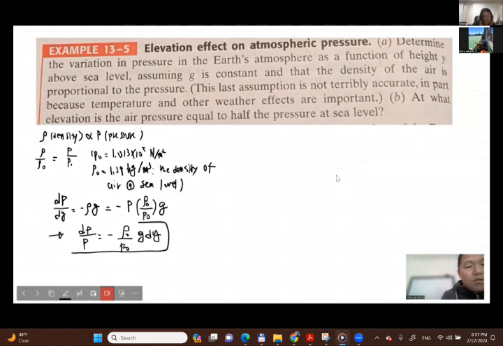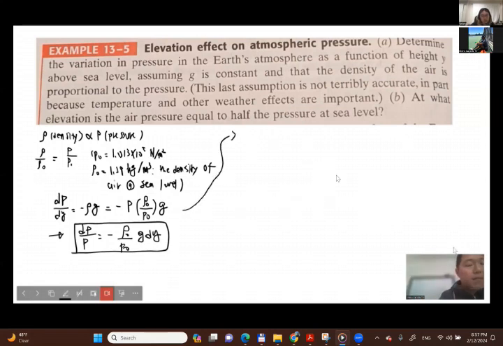As you can see, this equation is basically given by the integral of the pressure and the height from sea level all the way to the given height of this problem.